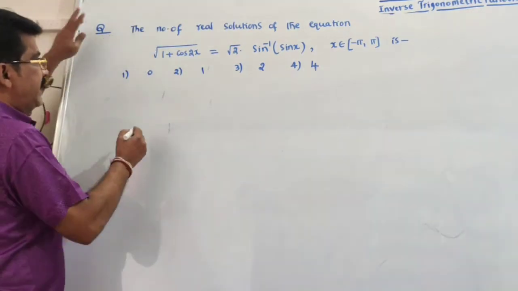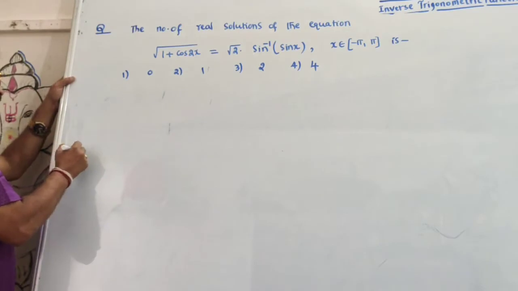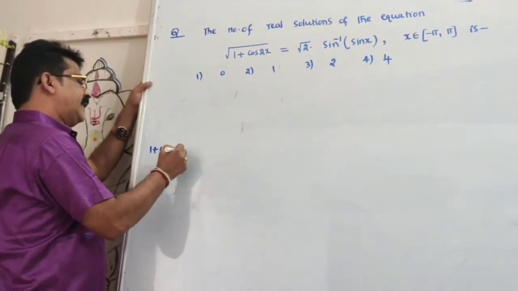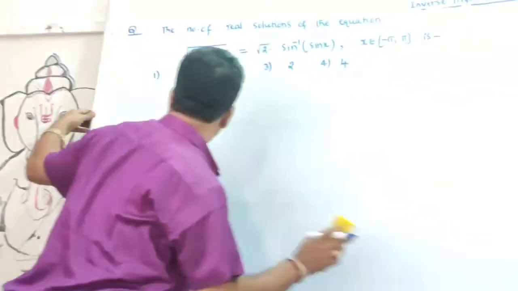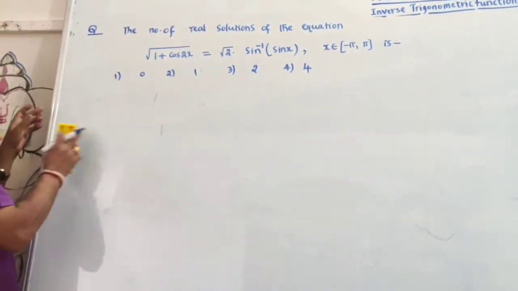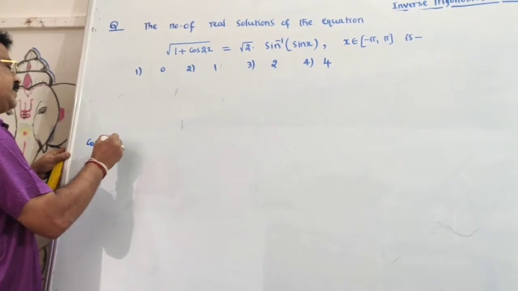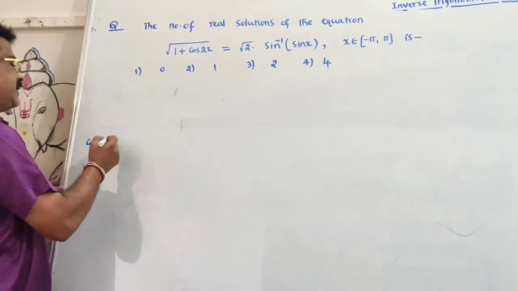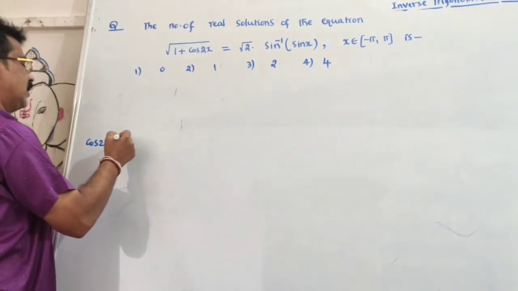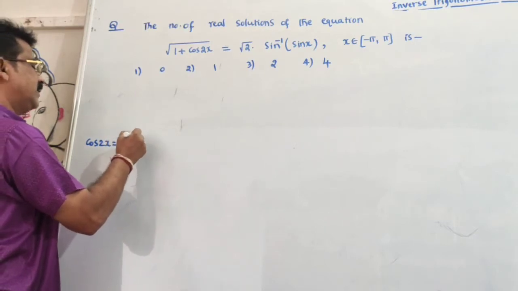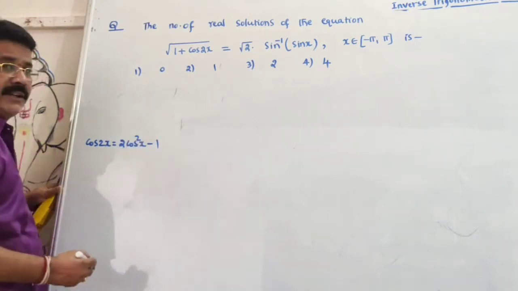this can be written as 1 plus cos 2x. Cos 2x, in terms of sine or cos, first we will write as 2 cos square x minus 1.